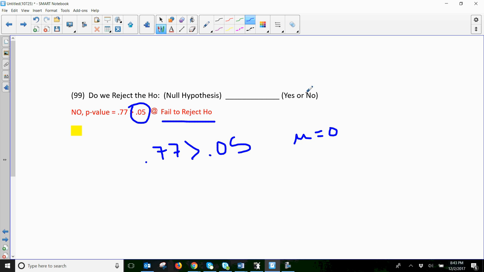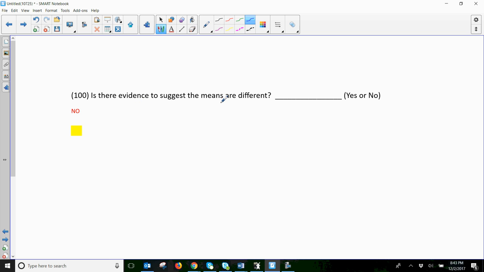So do we reject the null hypothesis? That would be yes. I'm sorry. We failed to reject the null hypothesis, so do we reject the null? No. And then the next question, is there evidence to suggest the means are different? And that again would be no, because we're failing to reject that the mu difference is 0. So that means they're not different.